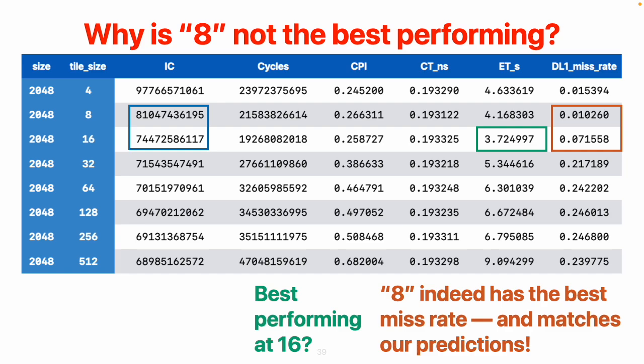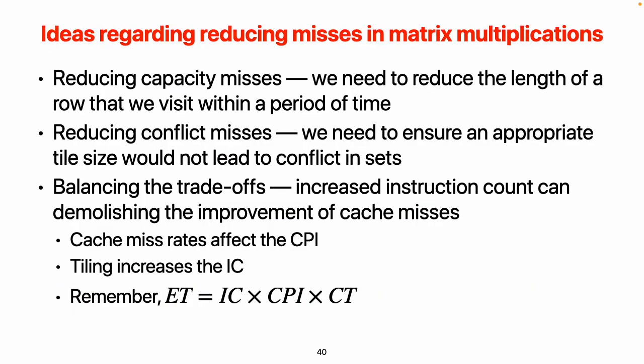Some people, when they write a programming assignment, target optimizing the cache miss rate. That's on the right track. But as we discussed in the last lecture, cache miss rate only helps to improve your CPI. However, that's not everything, right? Because your performance is actually IC times CPI times CT.